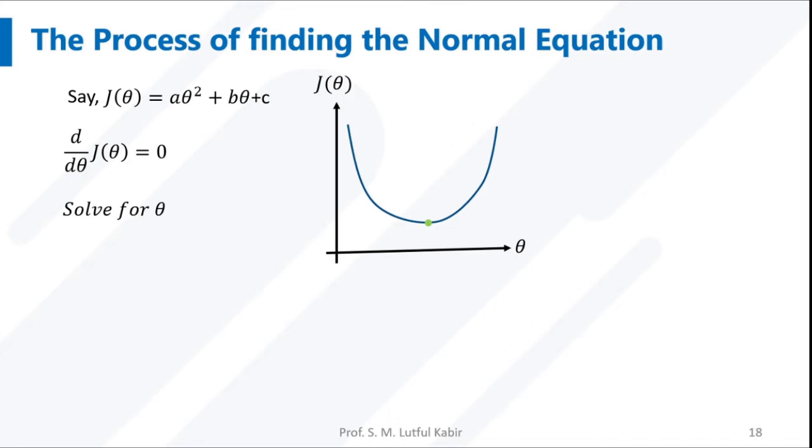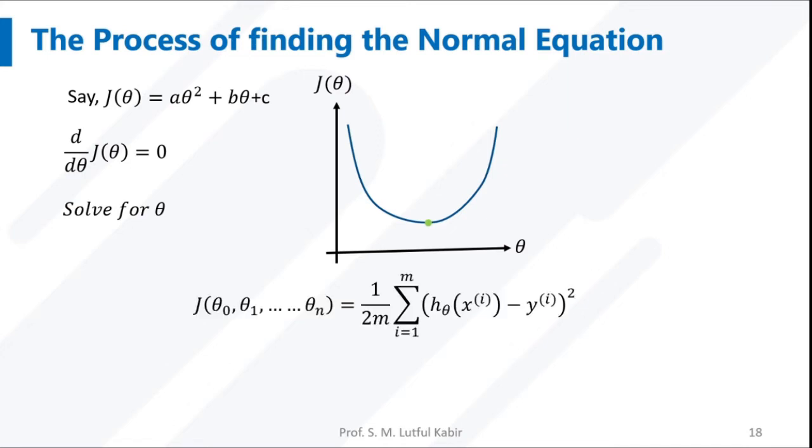In our multivariate linear regression problem, J(theta) is expressed by this equation. So the number of variables is n plus 1. We have to solve a similar equation, derivative equal to 0, for n plus 1 variables. With respect to every j, we have to solve this: the partial derivative of J(theta) with respect to theta 0, with respect to theta 1, and so on up to theta n.